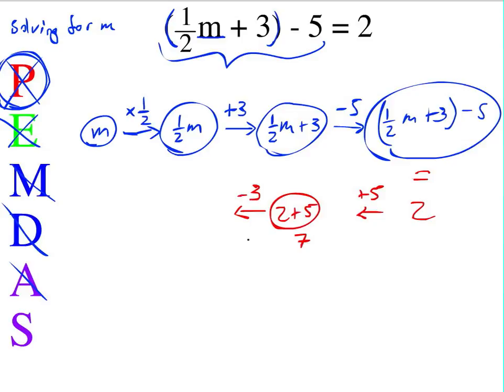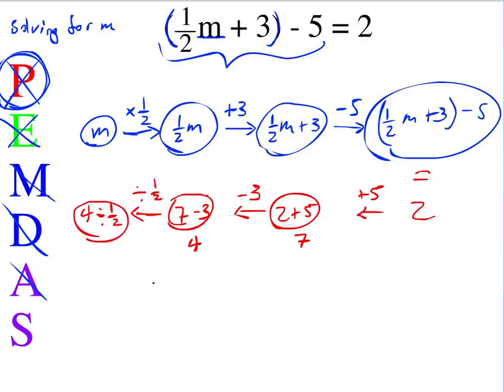And so we have 7 minus 3, and that comes out as 4. Finally, our last operation is multiplying by 1/2. The inverse is to divide by 1/2. And so we have 4 divided by 1/2.